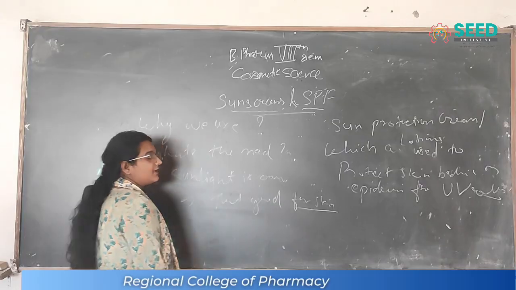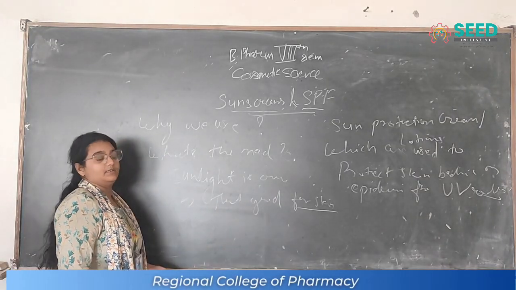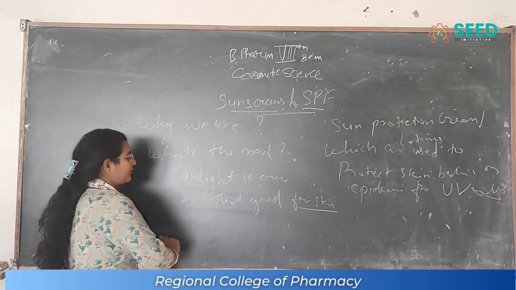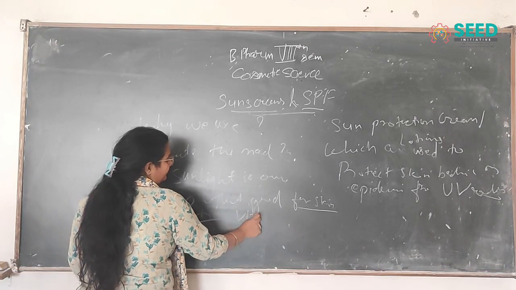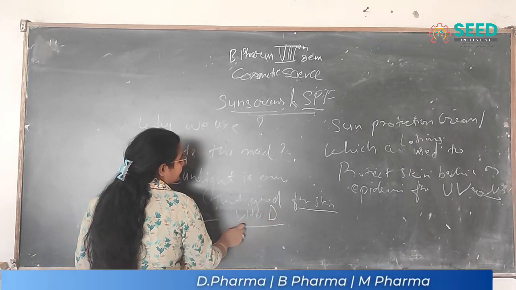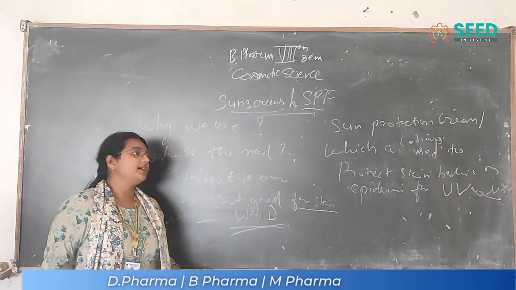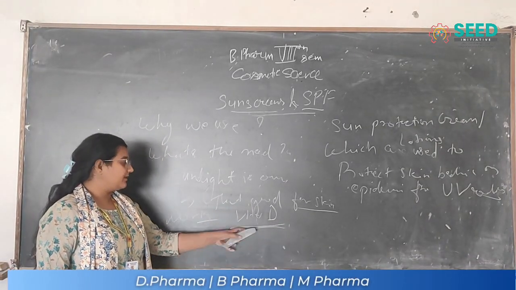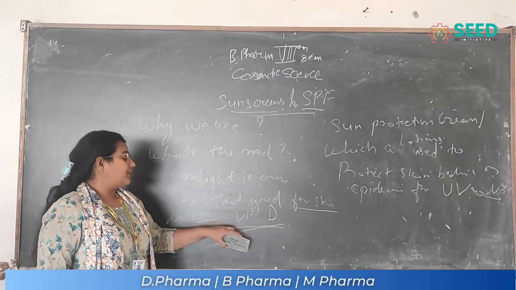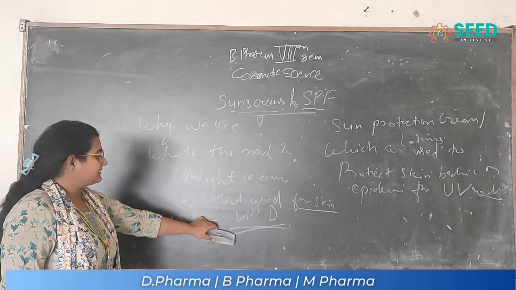So why are we protecting our skin from the good sunlight? Basically, the morning light, which gives us vitamin D, the morning sun rays are essential for the production and manufacturing of the vitamin D in our skin.